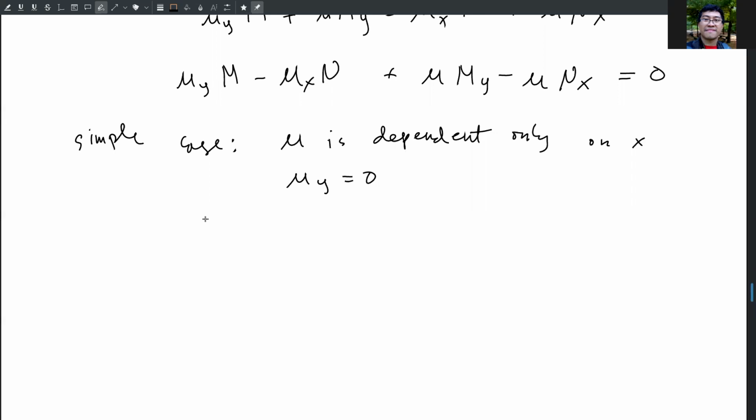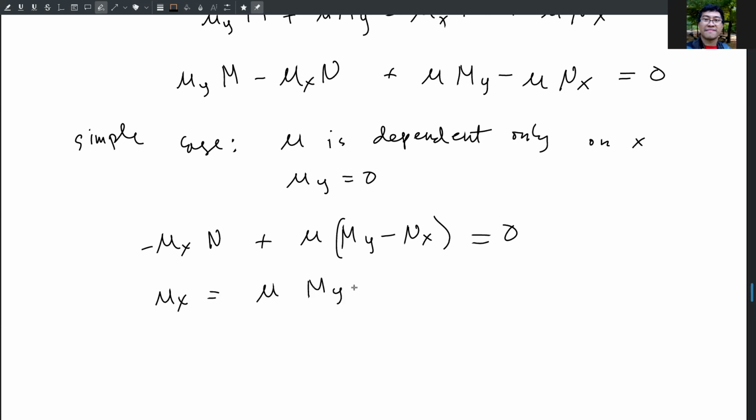What we then have is minus mu sub x N plus mu times (M sub y minus N sub x) equals 0, or mu sub x equals mu (M sub y minus N sub x) divided by N. Mu sub x is the derivative of mu with respect to x.